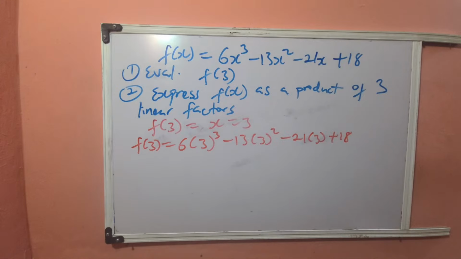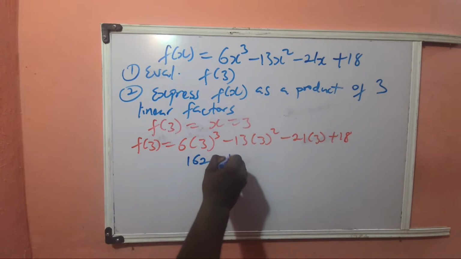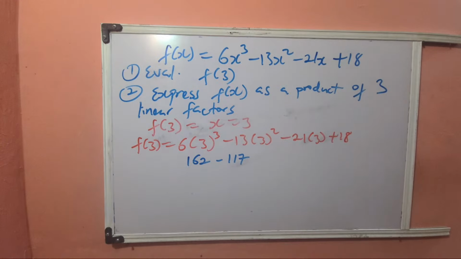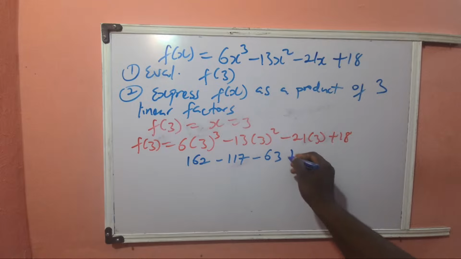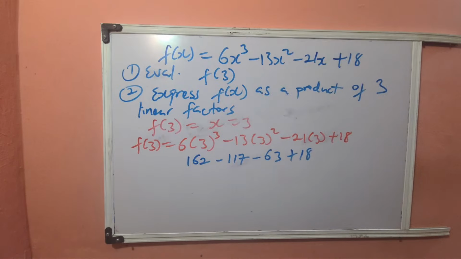So what do we do next? Go on and push this into your calculator. You will get, I believe, 162 minus 117 minus 63 plus 18. What did you get eventually?